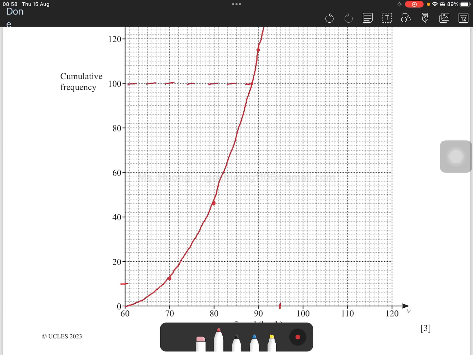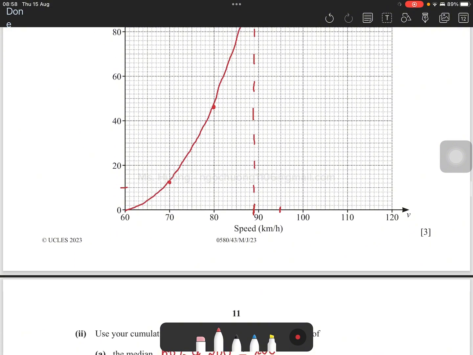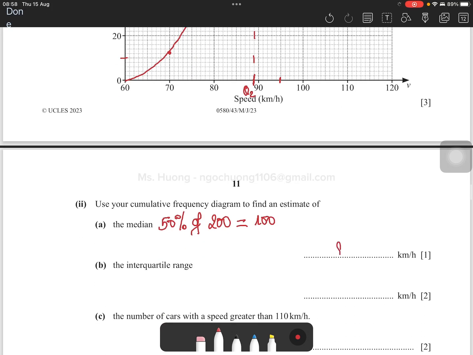We move to the right until we touch this point, and then we move down. So the median is 89. This is the median, Q2, 89 kilometers per hour.